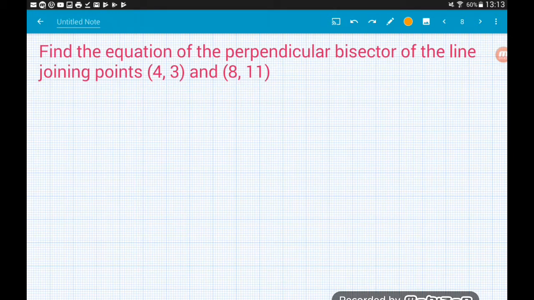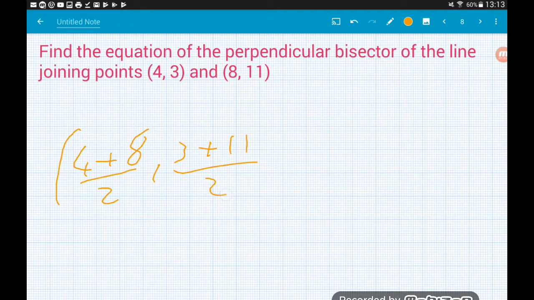So let's play the game exactly the same as we've played the others. Let's find the midpoint first. For that, we're going to do 4 plus 8 divided by 2 for the x coordinate, and for the y coordinate 3 plus 11 divided by 2.